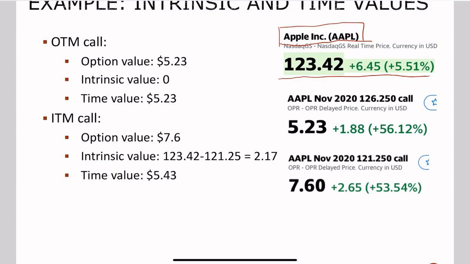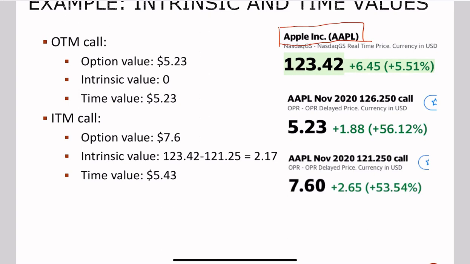You can ignore these green numbers. 6.45 tells you the price now minus yesterday's close price, and 5.51% tells you the percentage change of price compared with yesterday's close price. But we will not use these numbers here. We will just care about the stock price.